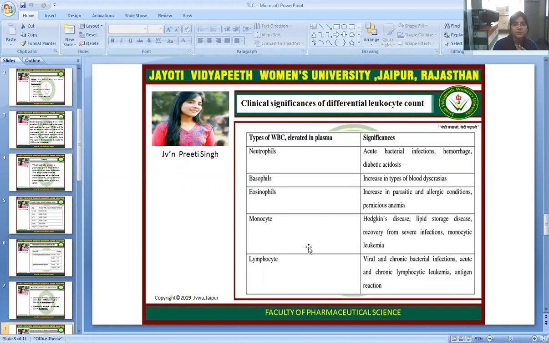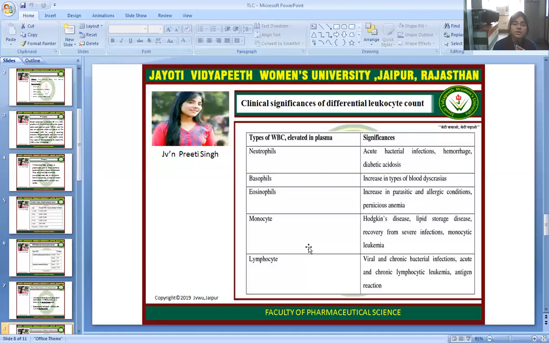So types of WBC elevated in plasma and their significance. What is the significance of the neutrophils? Acute bacterial infections, hemorrhage, diabetic acidosis. Next is the significance of the basophils, increase in types of blood dyscrasias. Next is the significance of the eosinophils, increase in parasitic and allergic conditions, pernicious anemia.